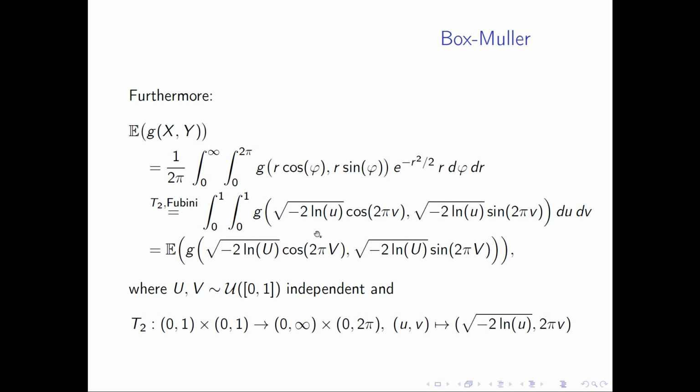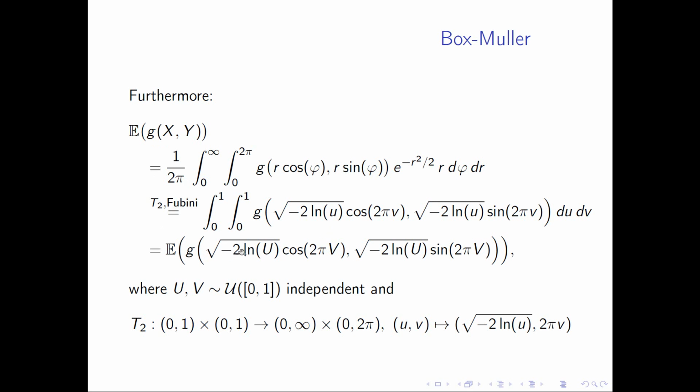So with this clever second step, we can rewrite this in this form, and this is just the expectation of g applied to this transform of two independent random variables which are uniformly distributed on 0, 1. So with this step, we have accomplished our task, because this is valid for arbitrary g's.